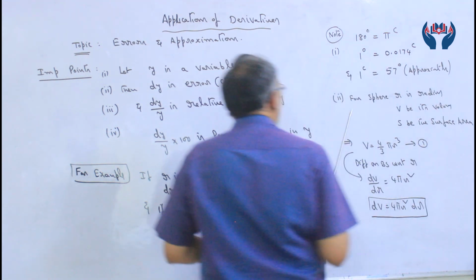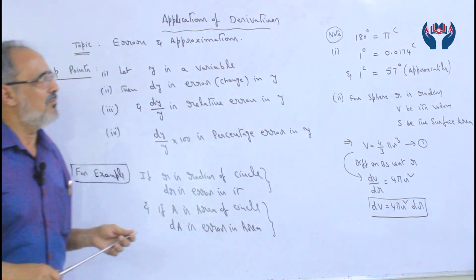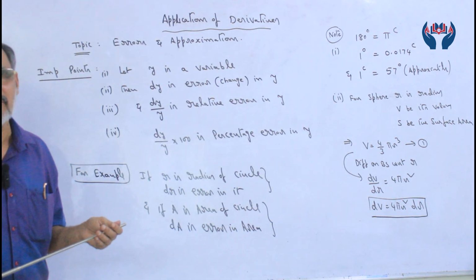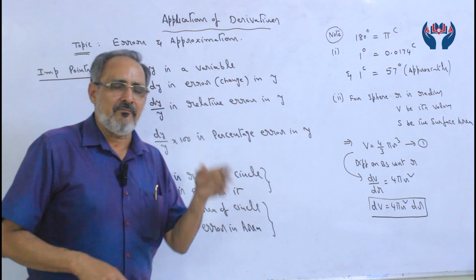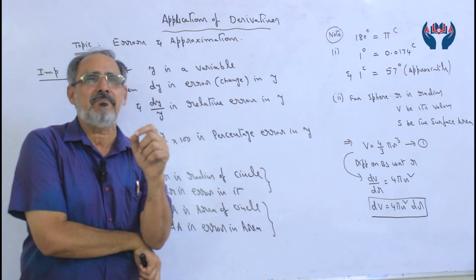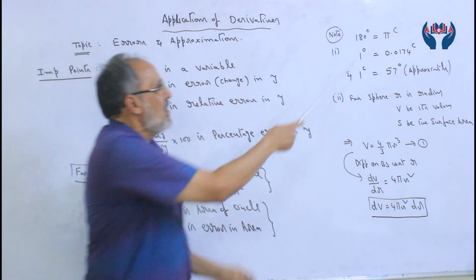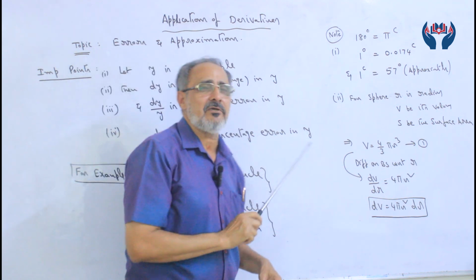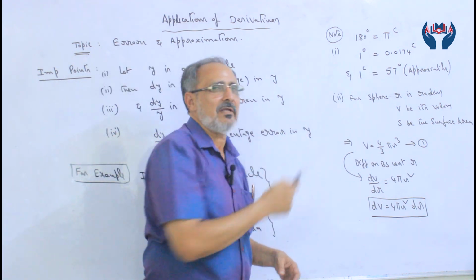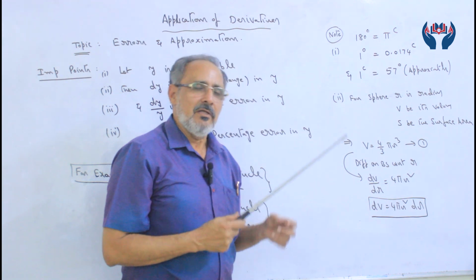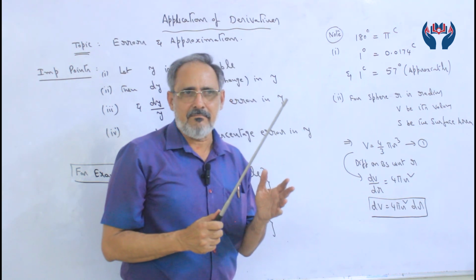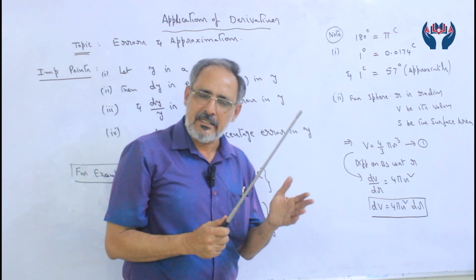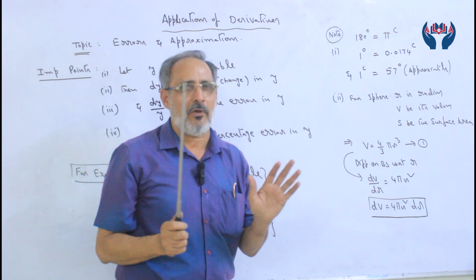Now it is coming to an important note. Most of the students are confused here. The very important thing is the relation between degrees and radians. 180 degrees equals pi radians, we know it. But in application of derivatives questions, sometimes we get 1 degree. If the total problem is in degrees or in radians, no problem.